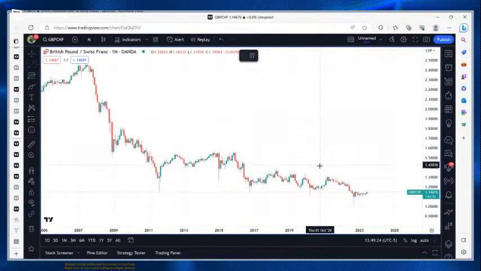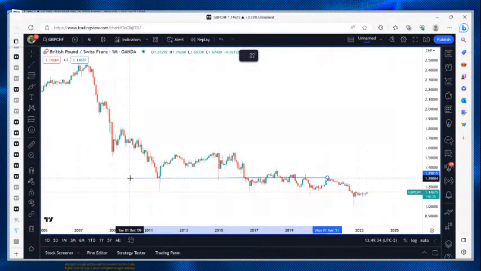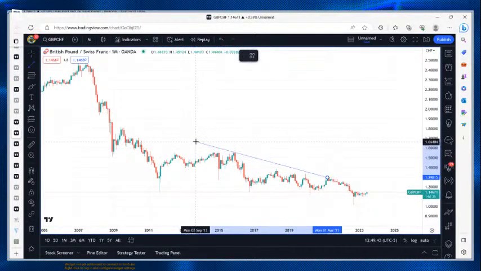So we bring the trend line, start our trend line here, and then we just bring it back. And we just want to ask ourselves, why did the market just U-turn right there?